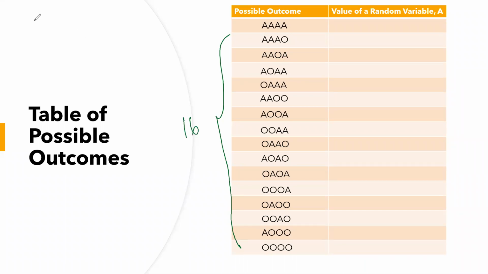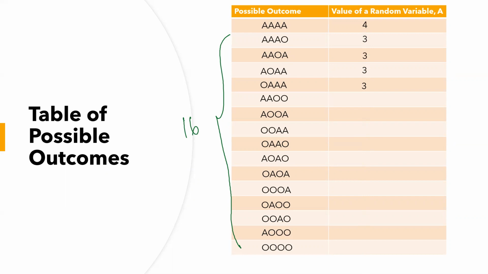Now we're going to determine the value of the random variable A. A represents the apple. So now we have 4, right? Why 4? Because we have 4 apples chosen. For the outcomes having 3 apples: AAAO, AAOA, AOAA, OAAA.